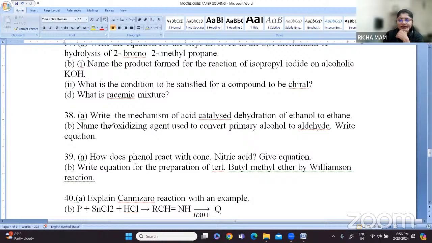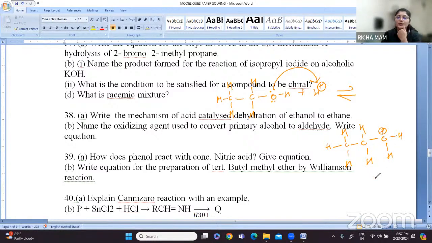If I write the structure, CH3CH2OH plus H plus, the proton will attack. So this is the protonated alcohol.